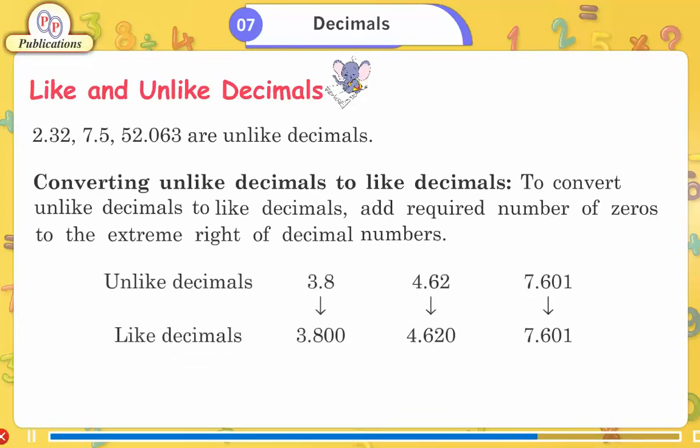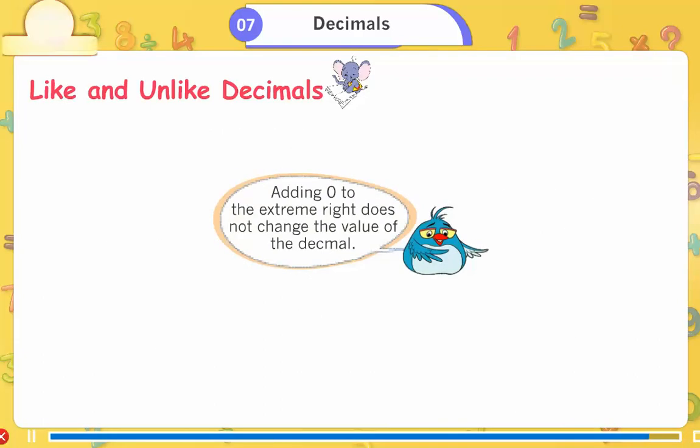Unlike decimals, like decimals: 3.8, 3.800; 4.62, 4.620; 7.601, 7.601. Adding 0 to the extreme right does not change the value of the decimal.